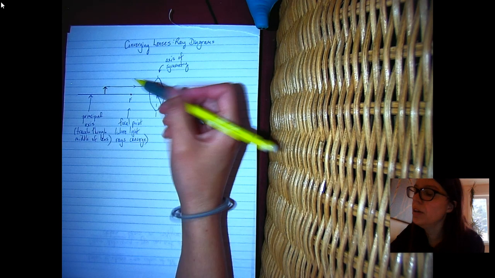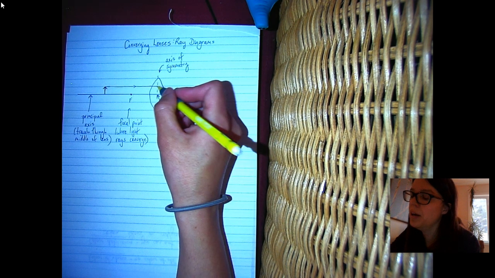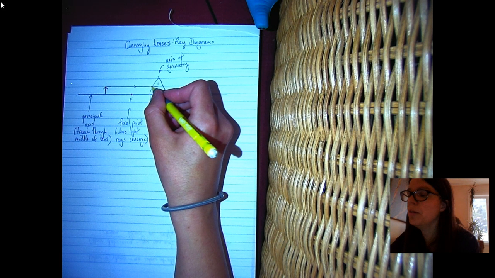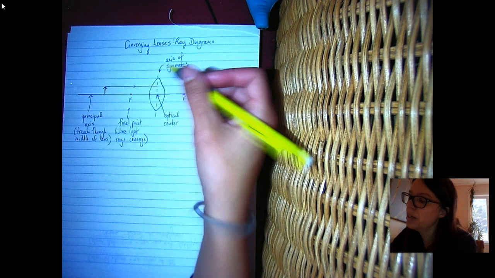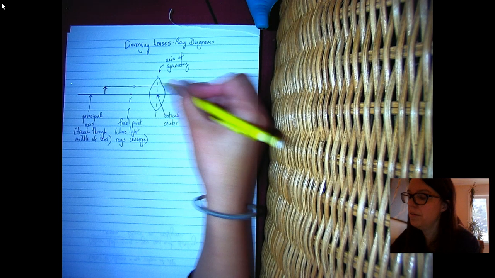And then for light rays that travel parallel to the principal axis, when they come and they hit the middle of the glass, it's actually not quite true. They bend a bit here and bend a bit here, but for our purposes, just go to the middle. And then when it comes out the other side, it's going to head towards this focal point, F, and keep going. So I'm just going to shift this a little.